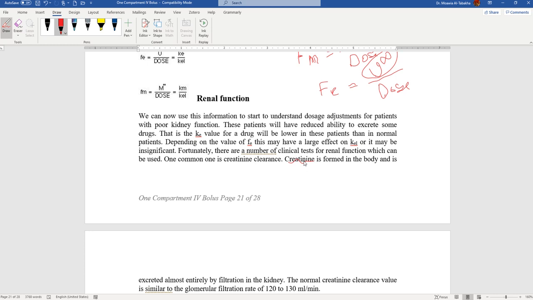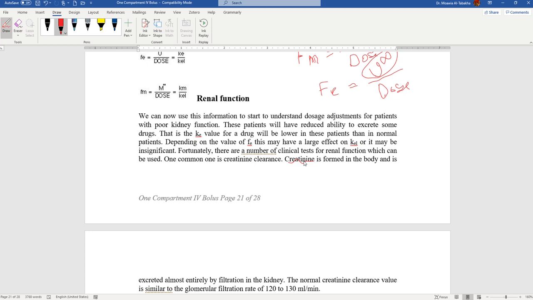Now, creatinine comes from creatine phosphate, and creatine phosphate is available in the muscles. The metabolism of creatine phosphate is done in order to get energy. This releases creatinine.